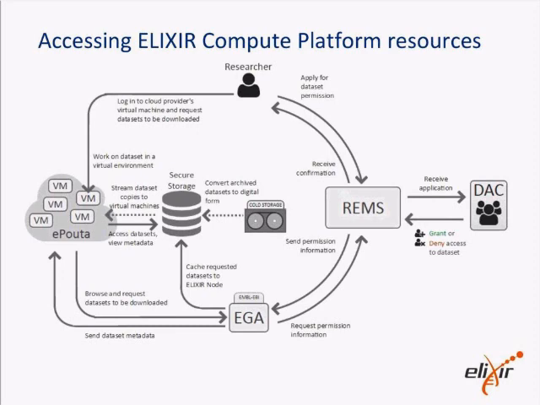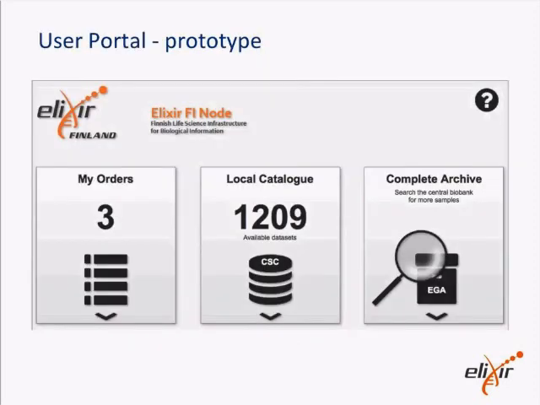This is still under development, but this is something you would probably see as a researcher in Finland, hopefully in other nodes as well. So, the left-hand side is something that is specific for the user itself. In the middle is a catalog of data resources that are held already in Finland.